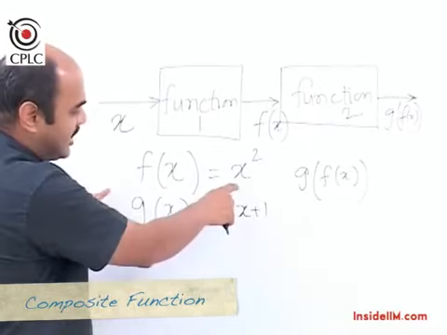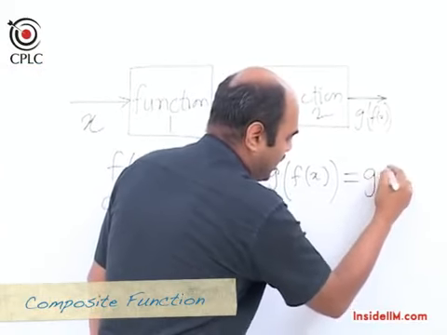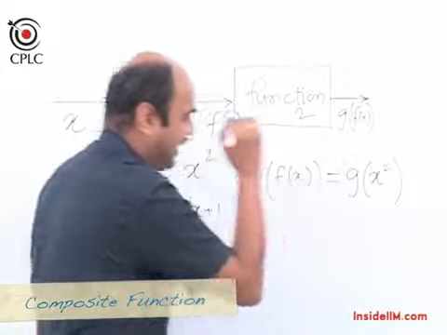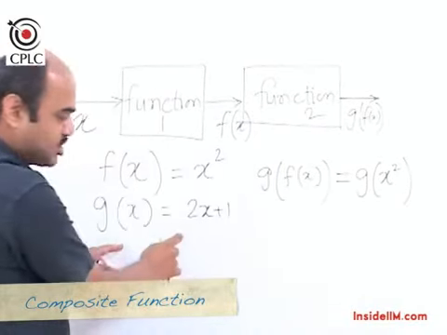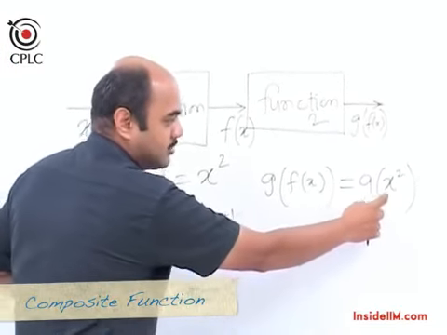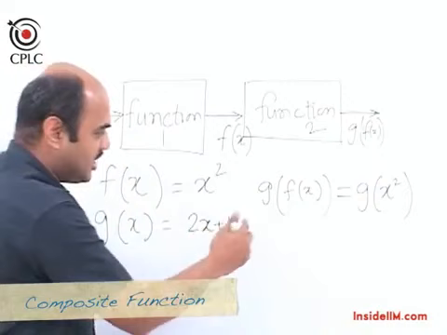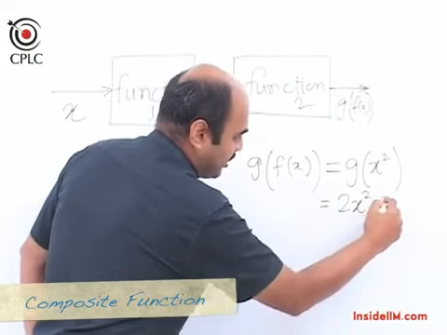And f(x) itself is x square. So g of f(x) would mean we are finding g of x square. So in the function g(x), which was defined as 2x plus 1, wherever there is x, we replace it by x square. So g of f(x) will become equal to 2x square plus 1.